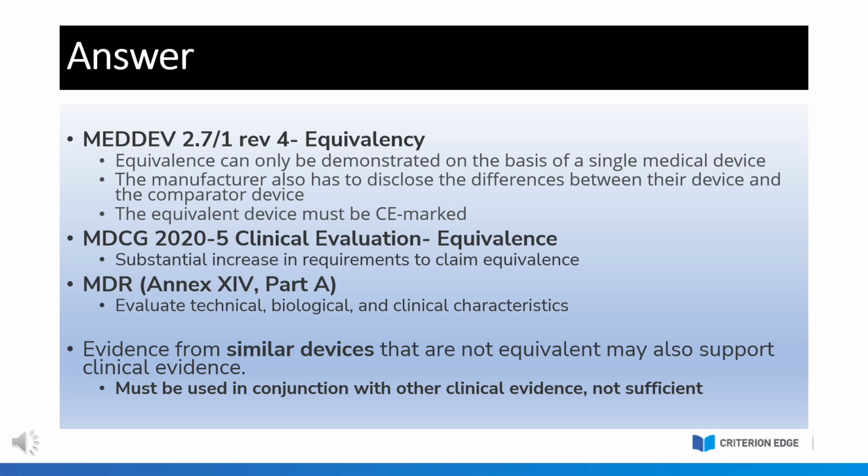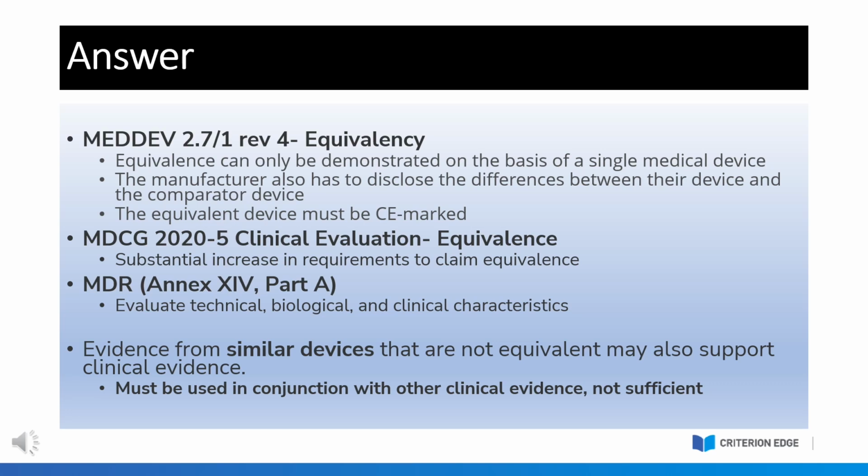The manufacturer also has to disclose the differences between their device and the comparator device, and the equivalent device must be CE marked. That was feasible at the time, but since that time, the MDR now requires that device to be equivalent to your device in 3 different areas: technical, biological, and clinical characteristics, all 3. So that makes it a little more difficult.